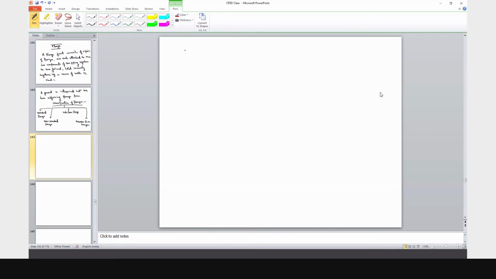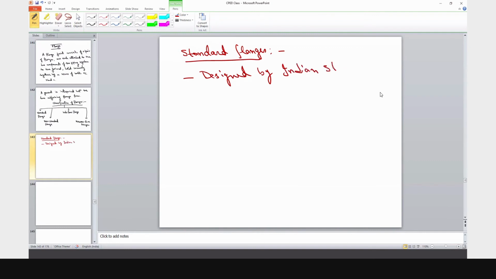Standard flange is designed by Indian Standard Organization.